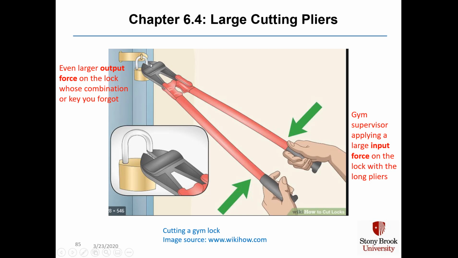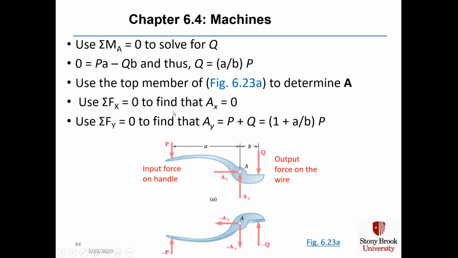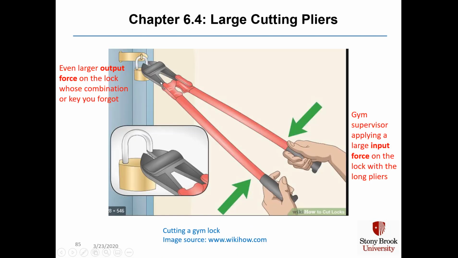Then the force Q is amplified even more because of that ratio 1 plus a over b, where a relates to the length of the pliers, and these pliers are very long. So this very large output force on the hasp of the lock will shear it instantly, and then the lock gets opened and you get your stuff out of the gym locker.